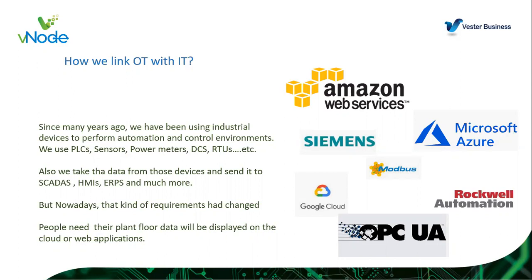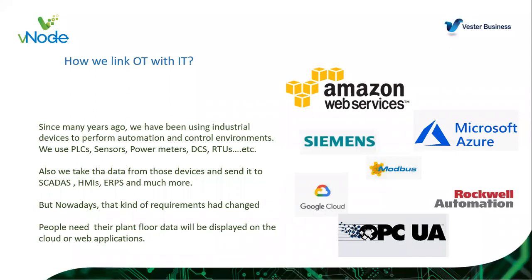So we need to link that gap between your plant floor devices and your IT applications. Business automation can not only send data over the MQTT protocol. It can send data over OPC UA. It can send data to any SCADA, to any HMI, to any REST API application or web application that you already developed, or an existing environment for REST, like a web page, okay?